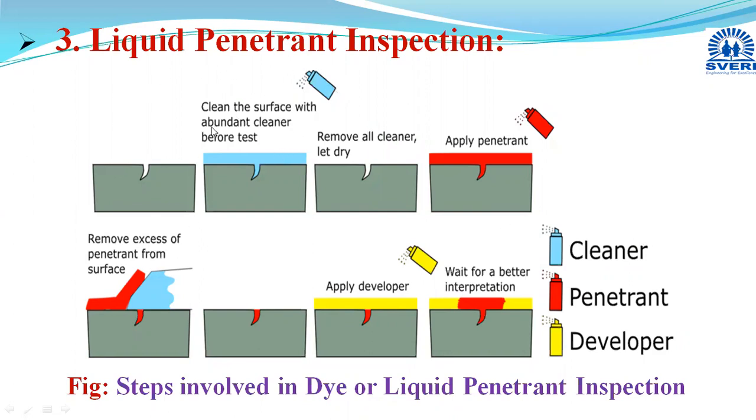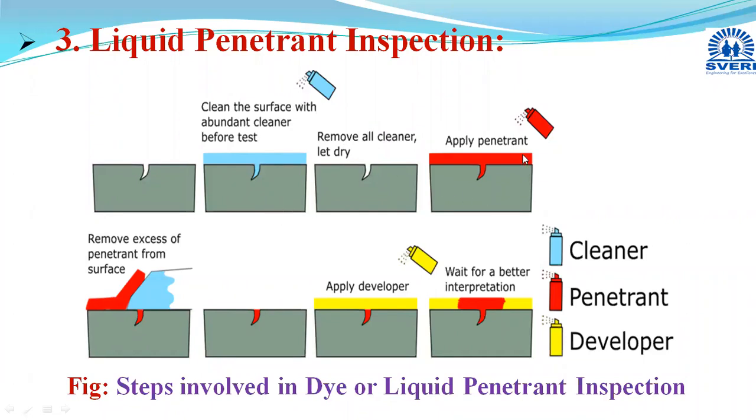Clean the surface with abundant cleaner before the test, and after cleaning, dry that specimen. Make sure that there is no oil, grease or any other dust particles, and after that it is dried. This is the first stage, that is the cleaning.